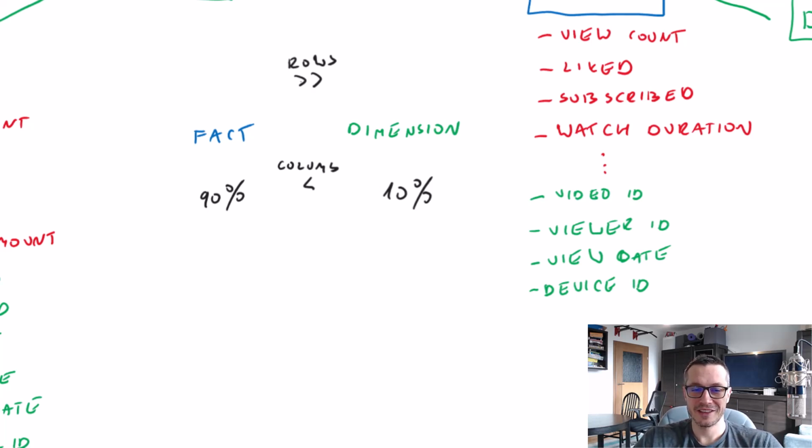On the other hand, in your fact table, well, you only have your keys to your dimensions and your measures, and that's it. So that's how those two different tables differ when it comes to number of rows, number of columns.